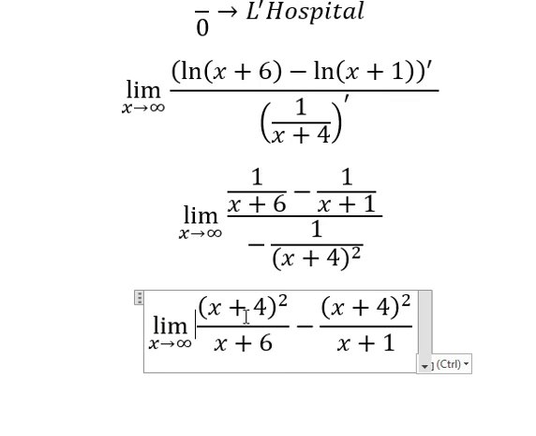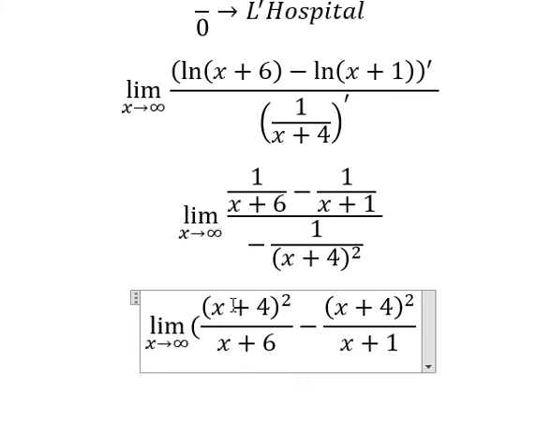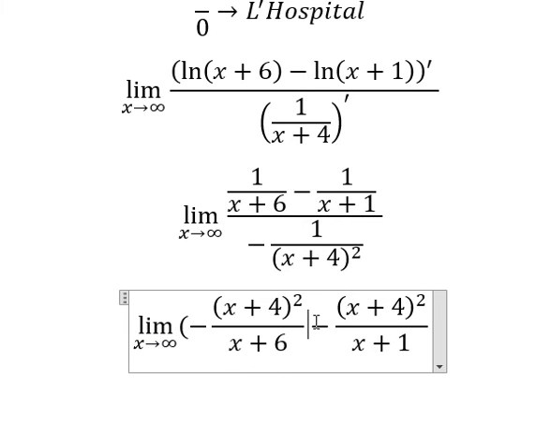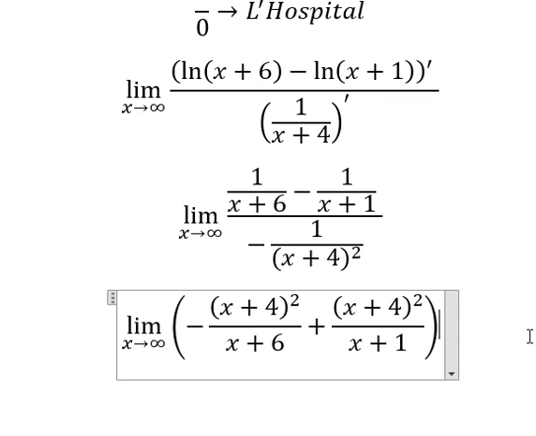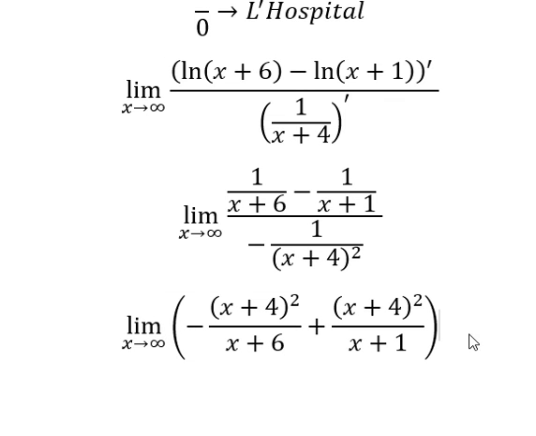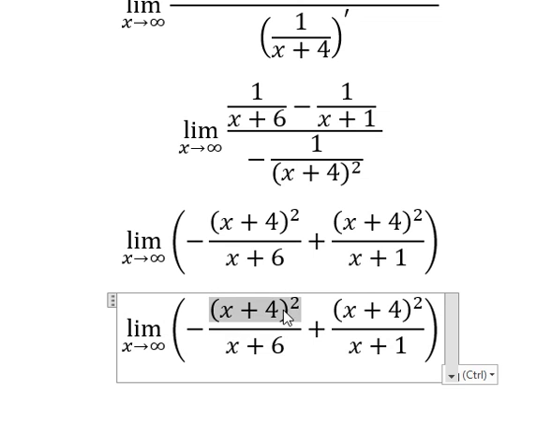Because we have the negative, we change the sign of this one. Next, we can do factorization by s plus 4 to the power of 2.